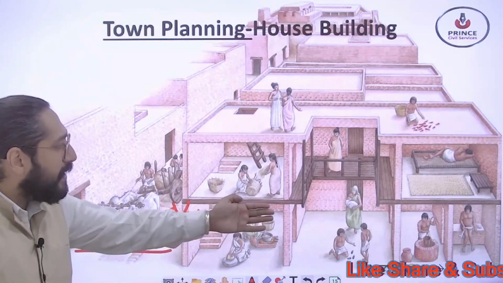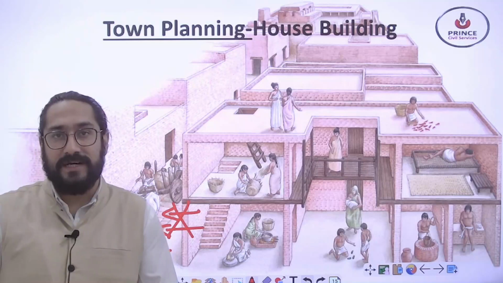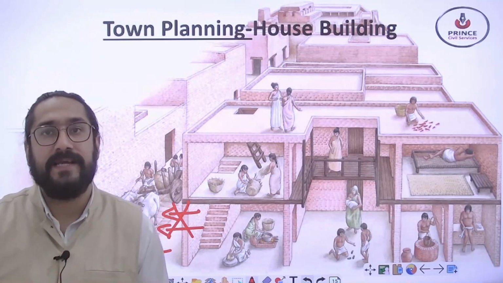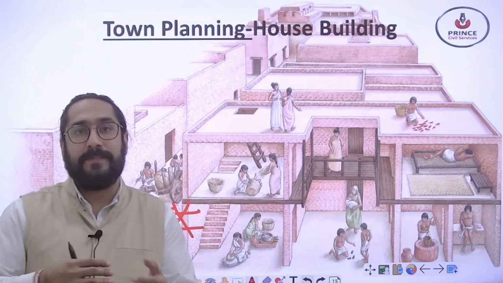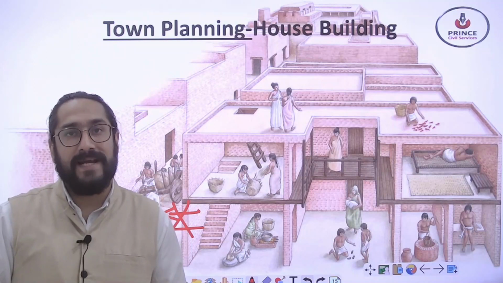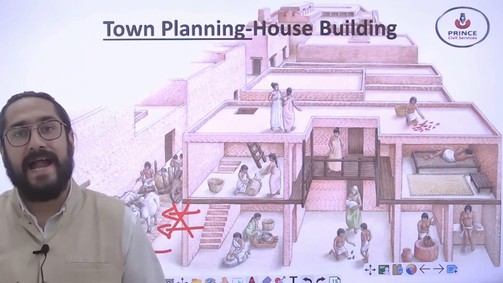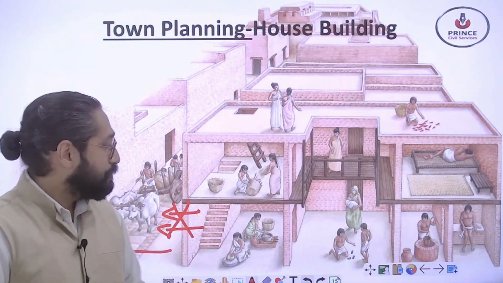They opened into the smaller side street. This was done to maintain their privacy, plus so that dust and other particles did not enter their houses. That is why they didn't have windows and doors opening onto the main street. This is point number one.